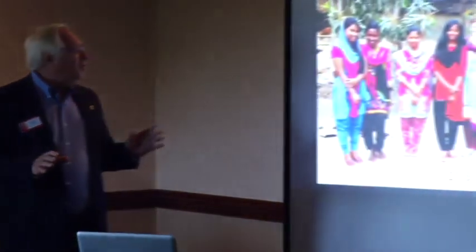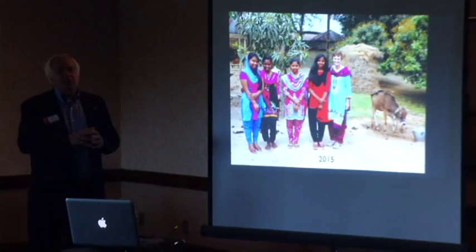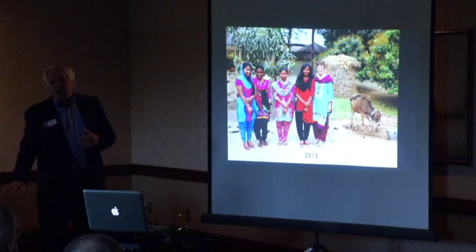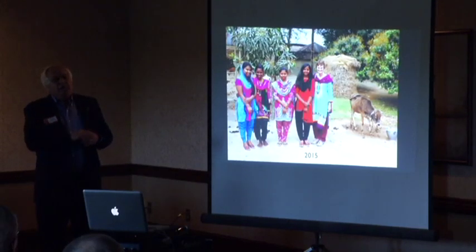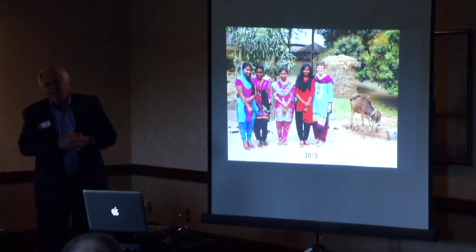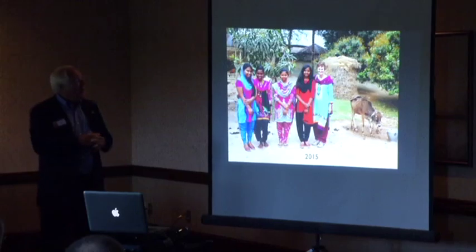Fast forward to 2015, which is our most recent trip to Bangladesh. And those little girls that you saw at 4 or 5 years old in 2003, well, guess what? They got older, and so did we.